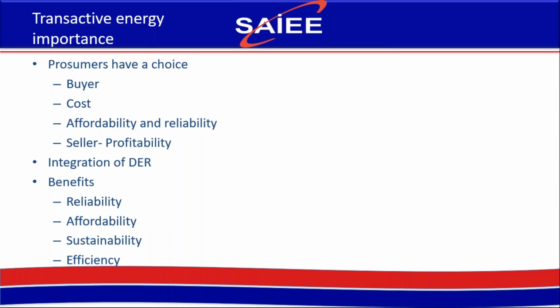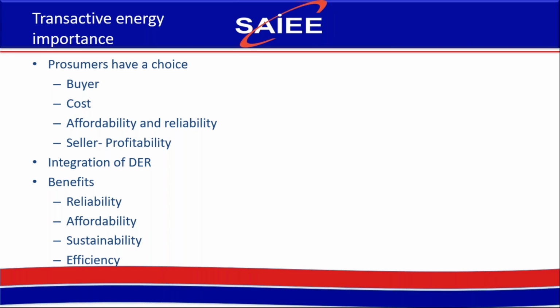The other thing is that this will help us to integrate our distributed energy resources, because when you start talking about integrating these resources to the grid, there are always questions like the quality of supply and the voltages on the grid.